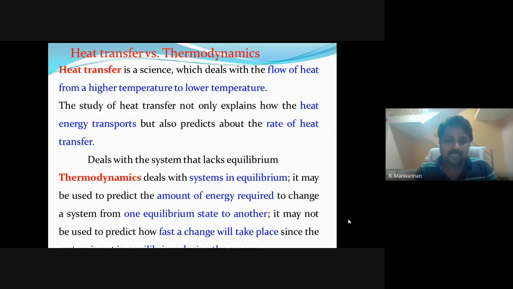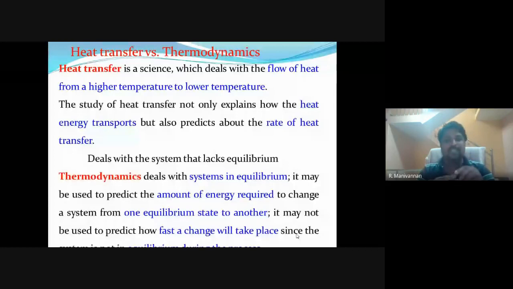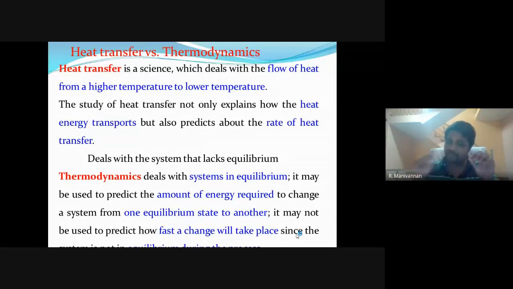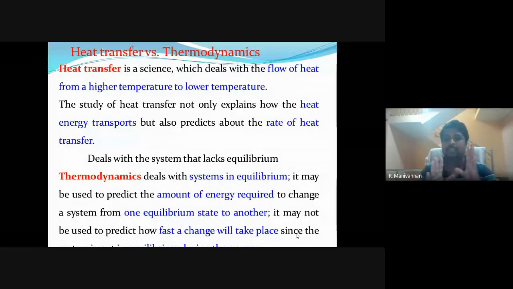It may be used to predict the amount of energy required to change a system from one equilibrium state to another state, but it may not be used to predict how fast the change will take place, since the system is not in equilibrium during the process. In extremes, it is at equilibrium, but in intermediate stages it is not in equilibrium. So you cannot predict anything in the between stages, only at the ends it is possible.